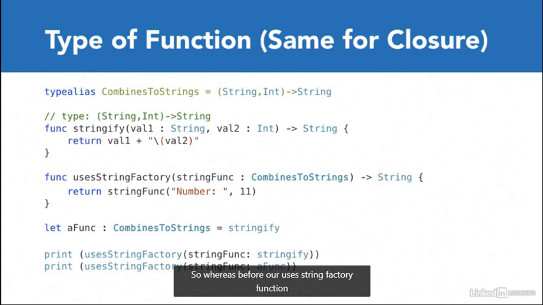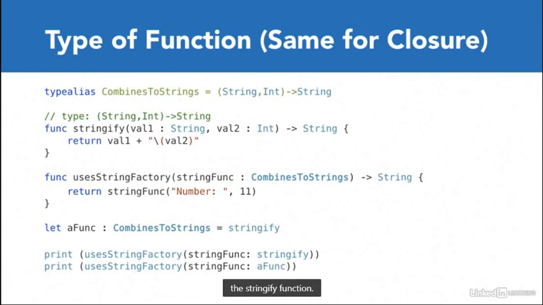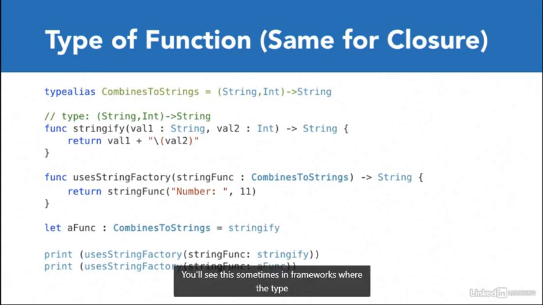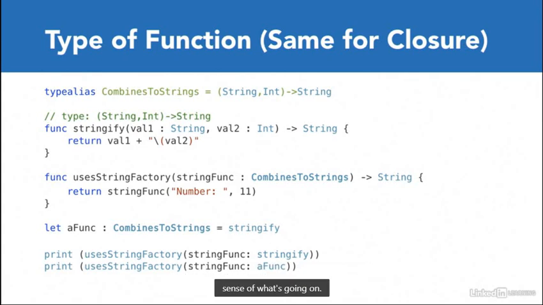Whereas before our usesStringFactory function took a string, int returns string, now it can take as a parameter CombinesTwoStrings. And our aFunc constant can be of type CombinesTwoStrings and be assigned the stringify function.